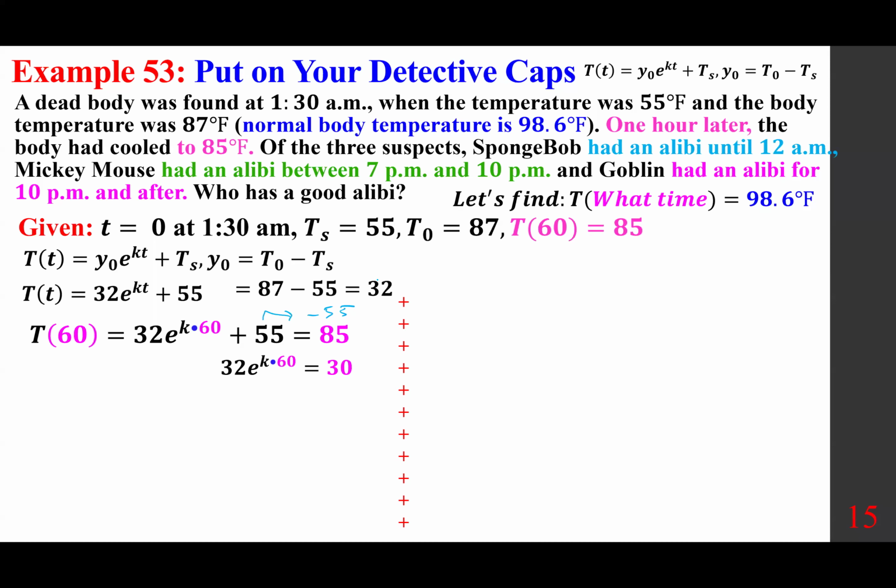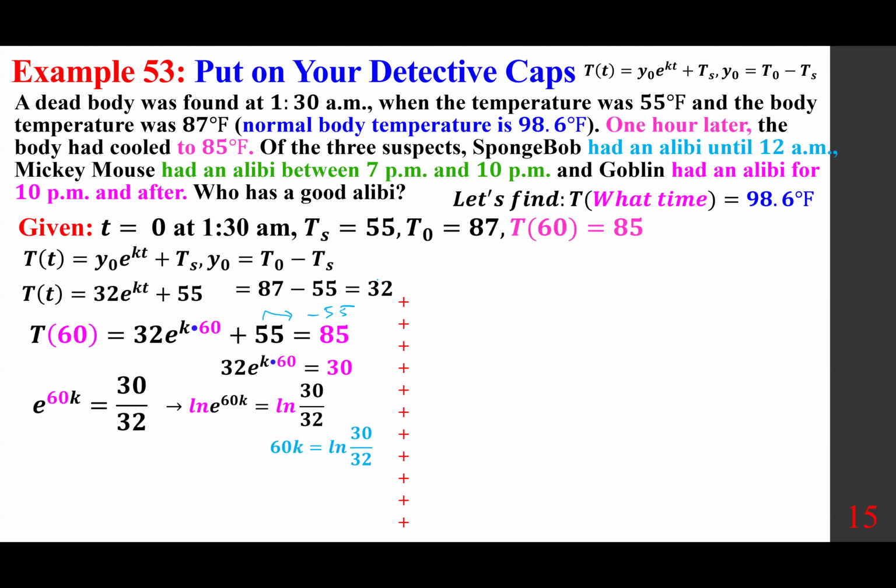We are going to divide both sides by 32 because we want to find the k, which is part of the exponent. We take the natural log of both sides because on the left side, the base is e. And of course, the left side is just the exponent, 60k.